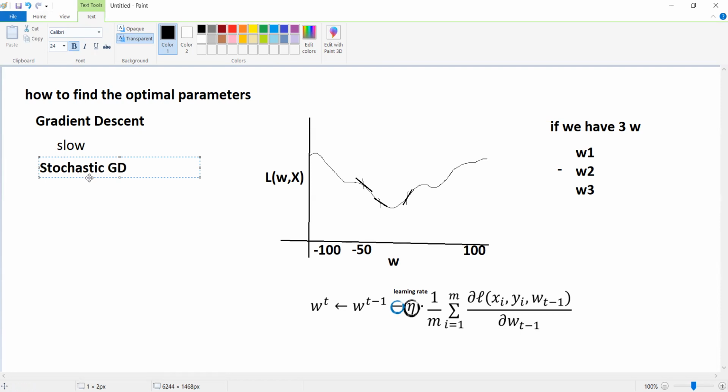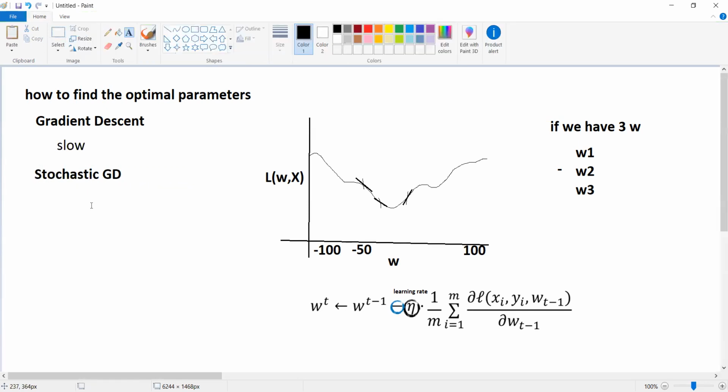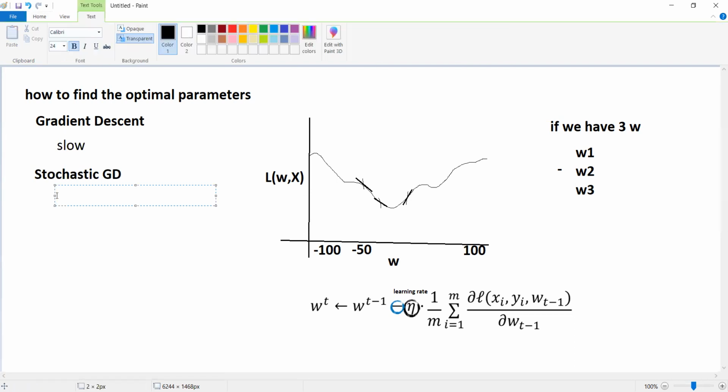It means instead of going down the loss function over all the data points, we go down the loss function for a particular data point every time randomly, and we hope that at the end it converges to the same optimal parameter, right? And then what happens is that you need more iterations, but it's much faster, because every iteration you're only going through one point.